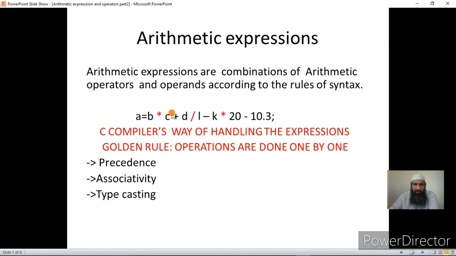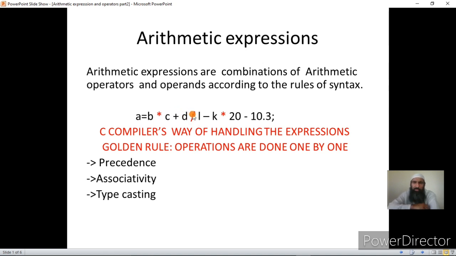But in the first instance, when we perform the multiplication and division, there are three places, that is b into c, d divided by l and k into 20, where we have multiplication and division operations.